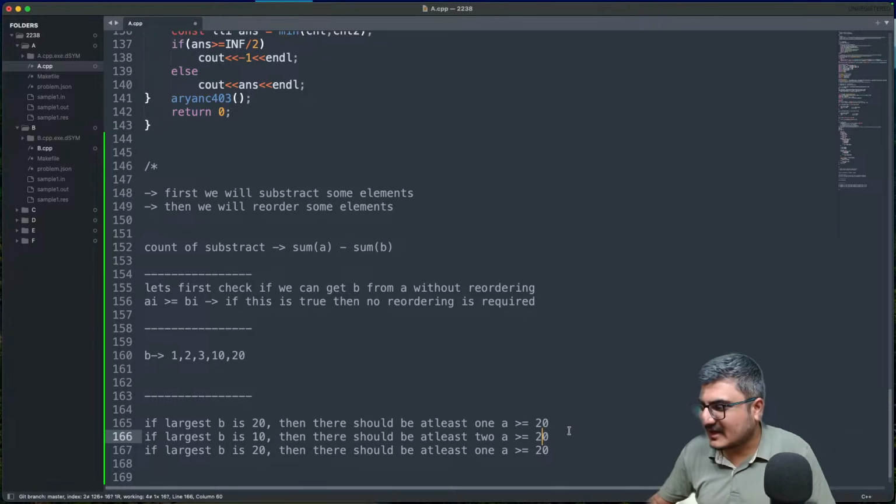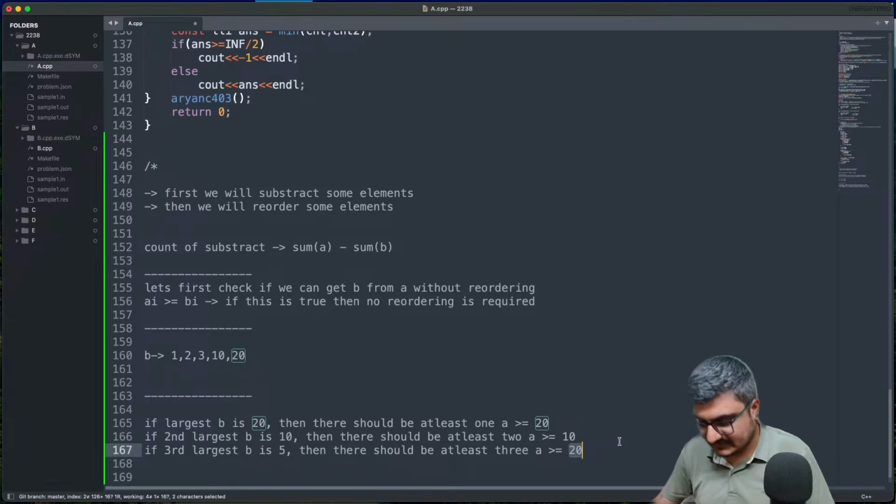Once I reach E, I will probably look at some Codeforces announcements and something. This is the overall idea for this problem.